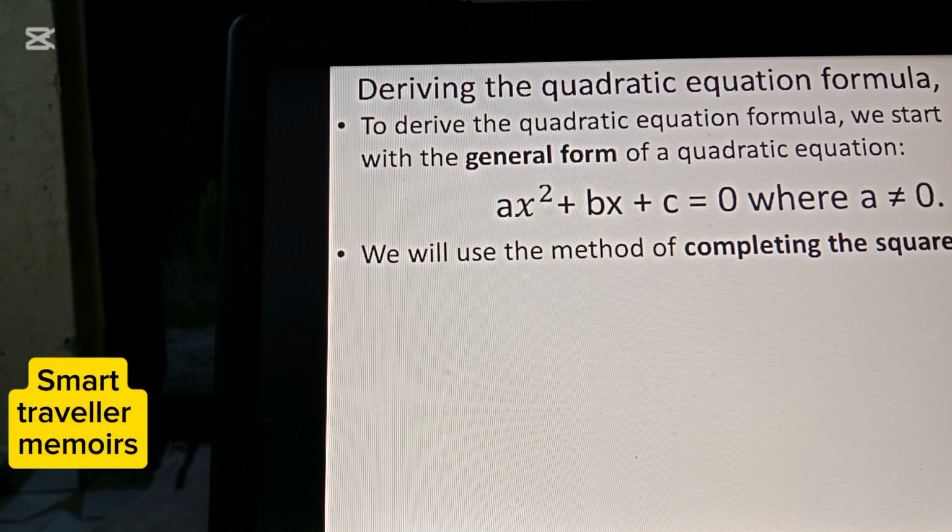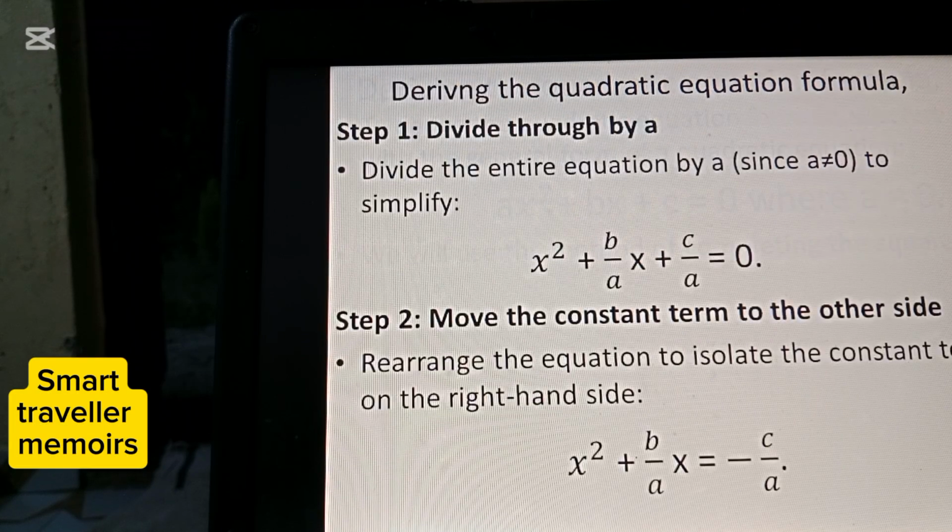To derive the quadratic equation formula, we start with the general form, ax squared plus bx plus c is equal to 0, where a is not equal to 0. We will use the method of completing the square. So I'll take you through step by step.